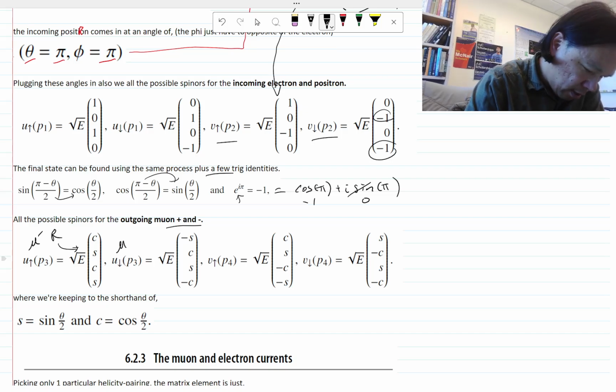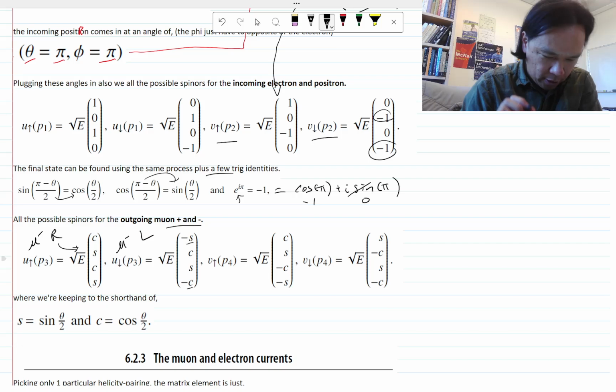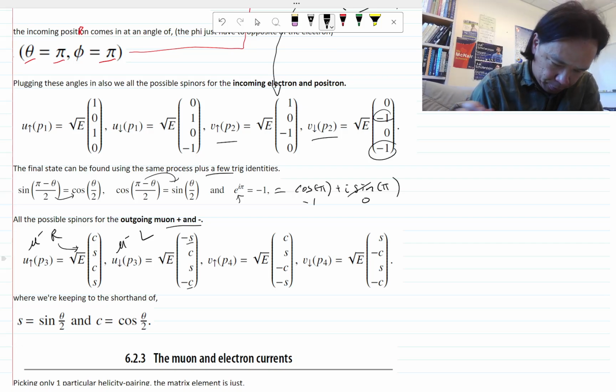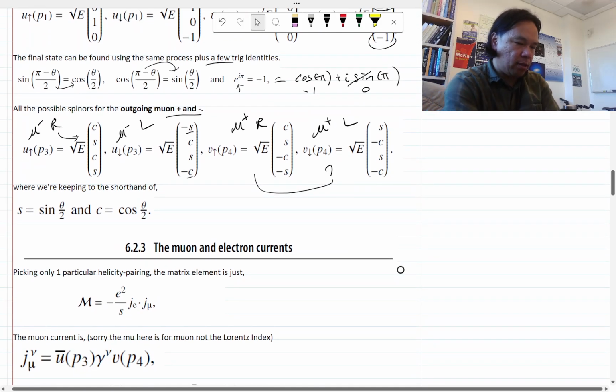And the muon that's left-handed is going to have a very similar thing, but the sines and cosines switch a little bit. I think we'll probably have a little homework to play around with this. And then the antiparticle right-handed and the antiparticle left-handed will have these angular dependences in their spin states.